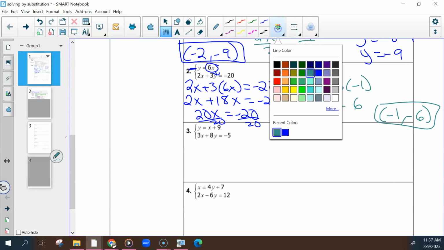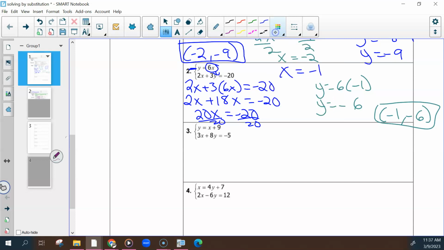Same process for 3. This one is solved for y. Where would I put x plus 9? This is set equal to y.